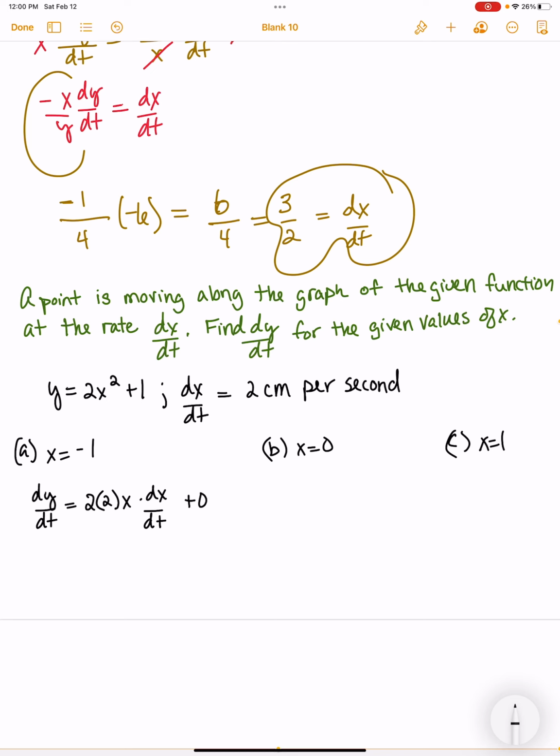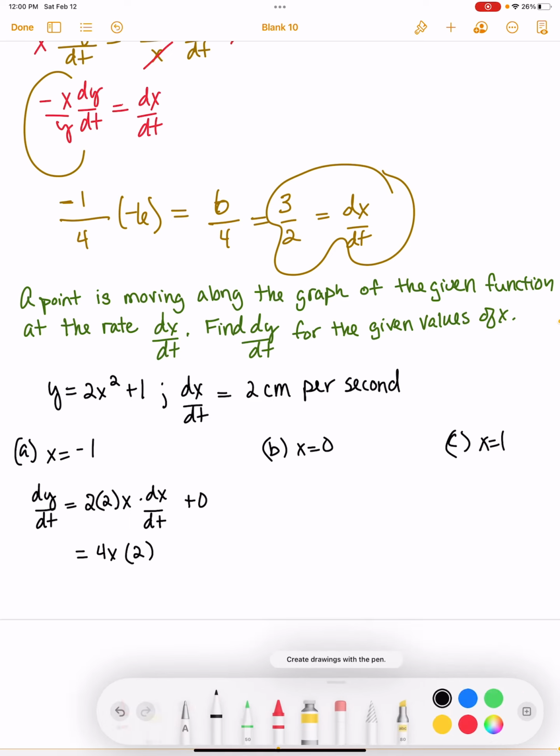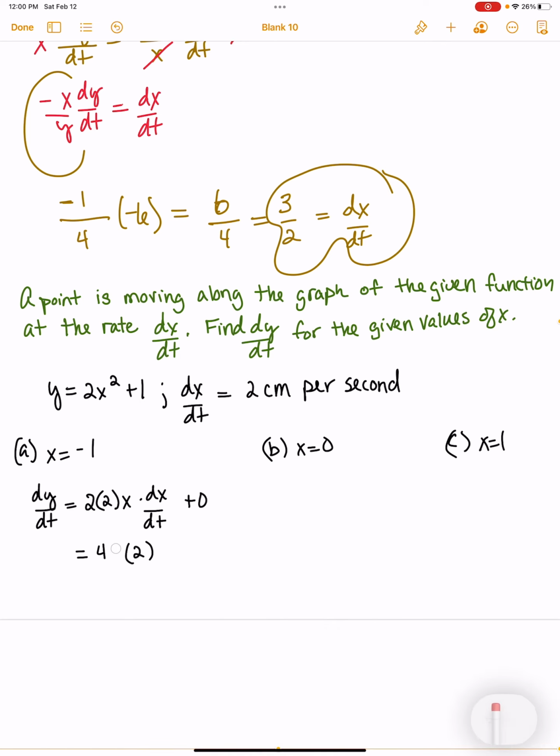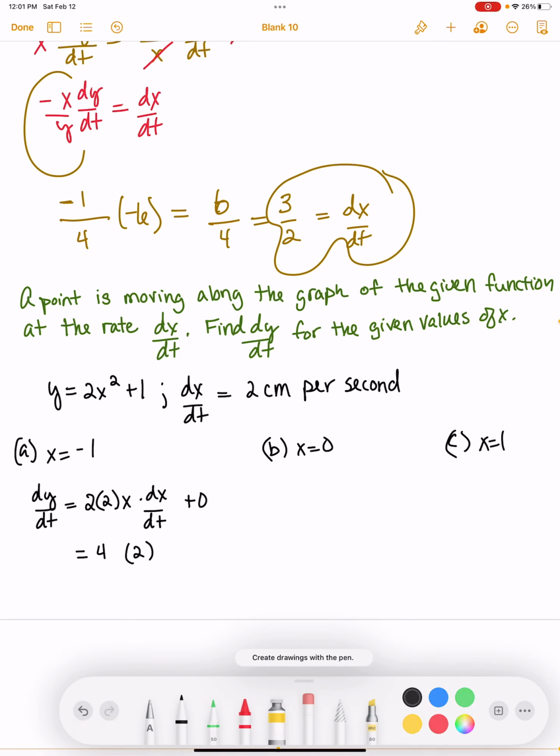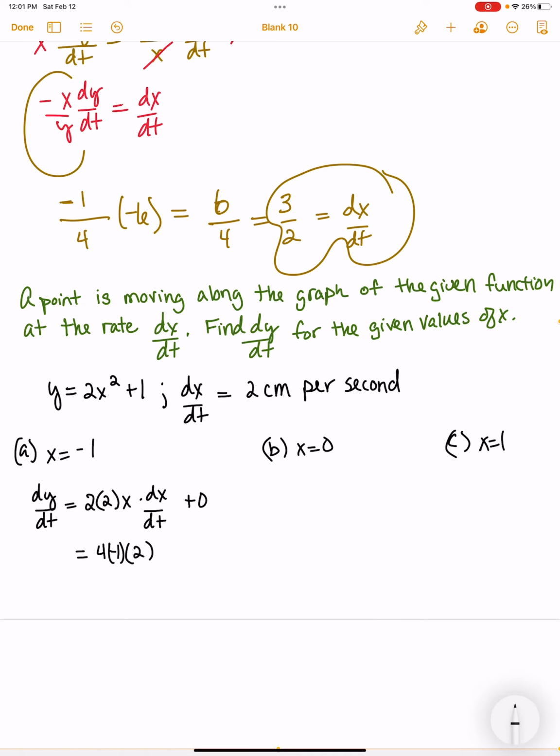Derivative of a constant, always 0. Okay, so this equals 4x, and dx/dt is 2. I'm plugging in x. x is -1. And that is the rate of change for the y variable at this point in time.